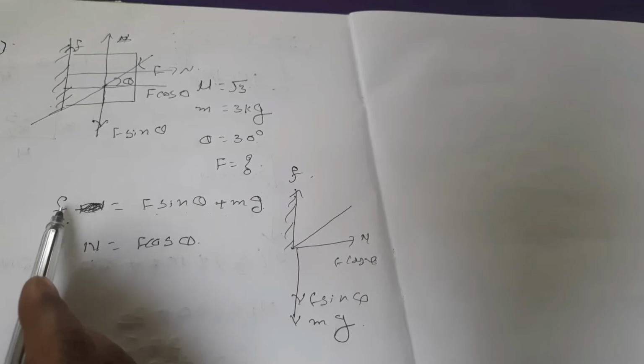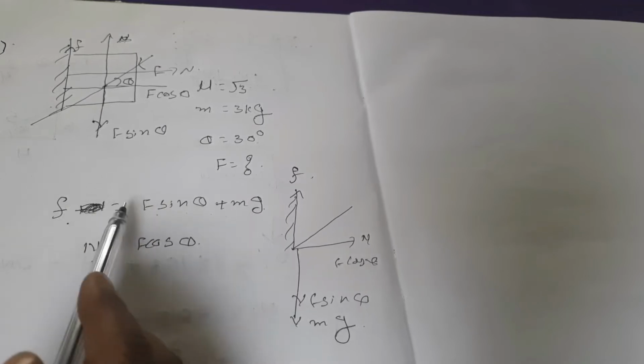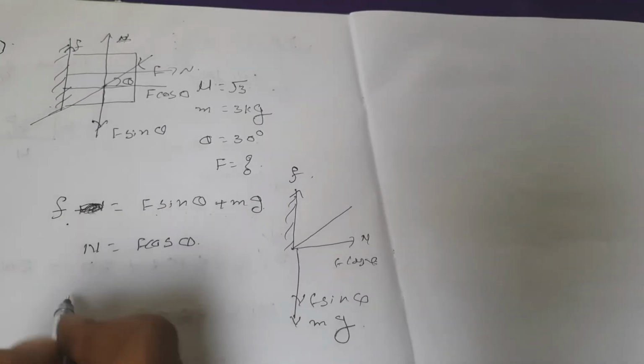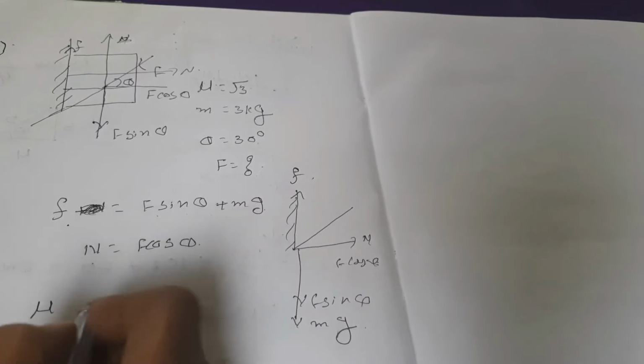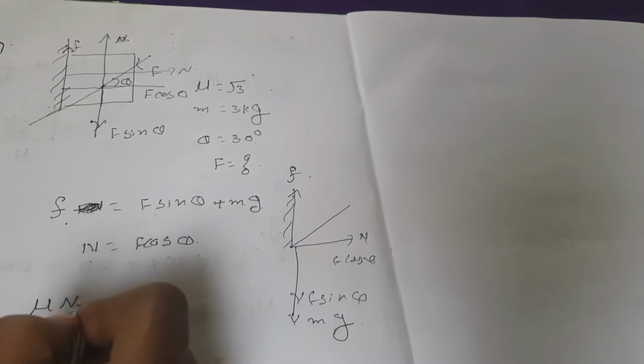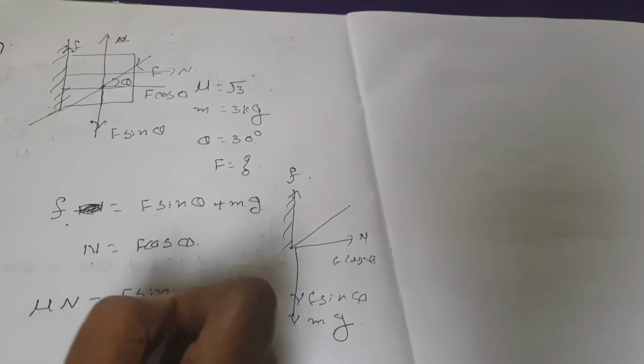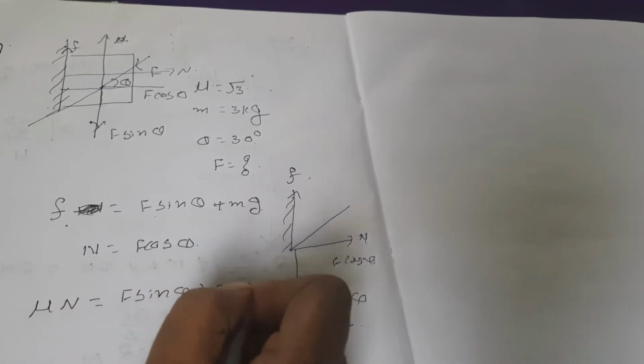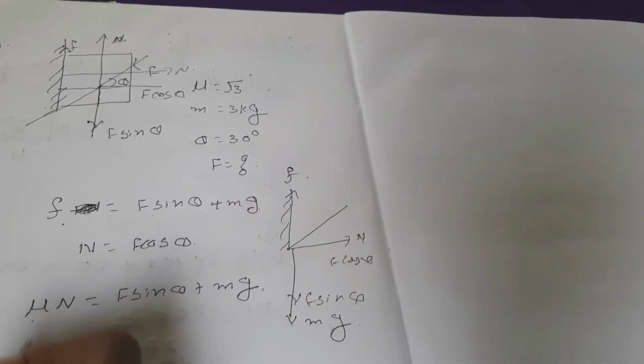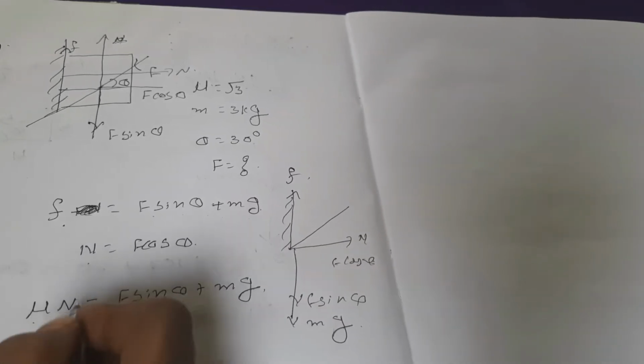See, from this, friction equals, generally what is the formula? Mu into N. Instead of F we are writing small f for friction. mu N equals F sin theta plus mg. But look here, instead of mu, √3. What is the N value? F cos theta.